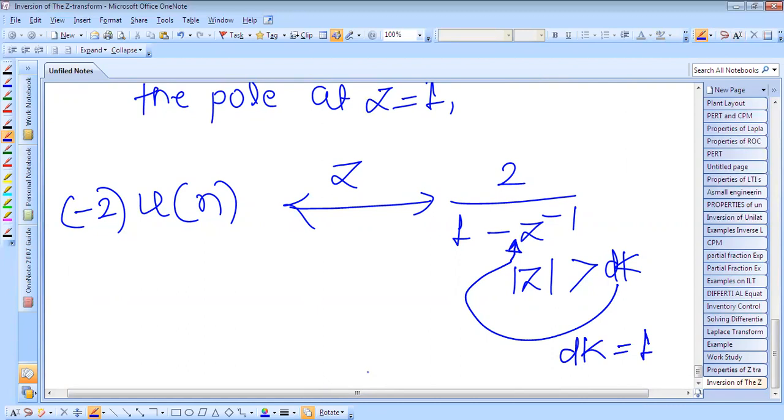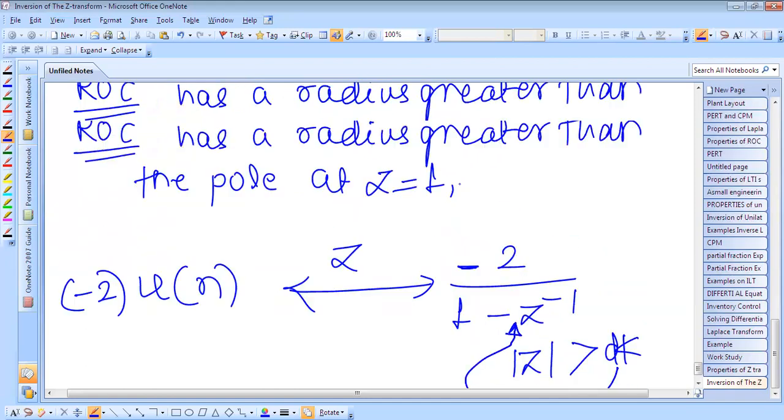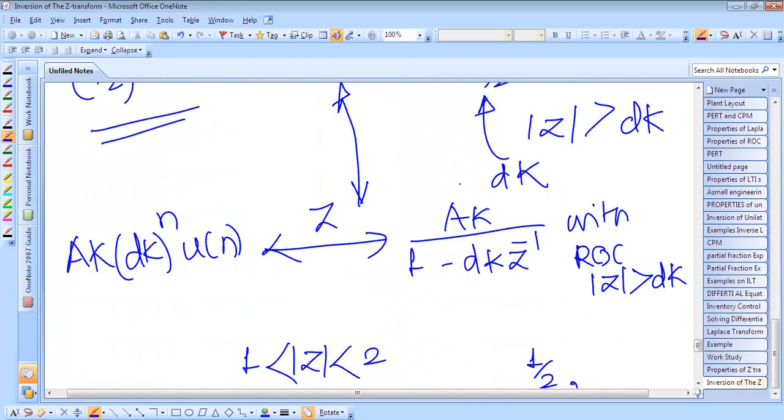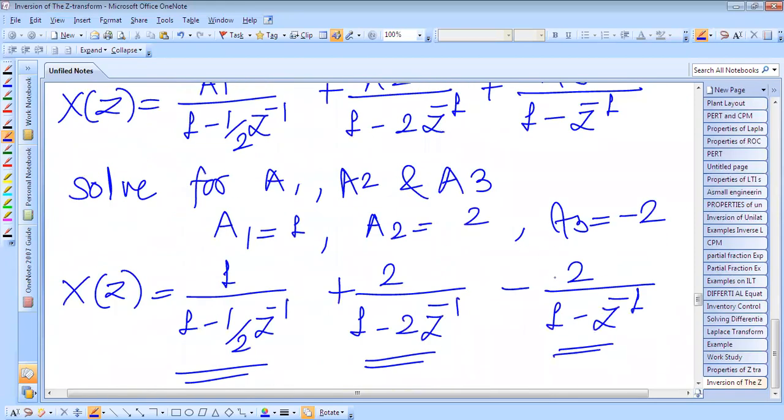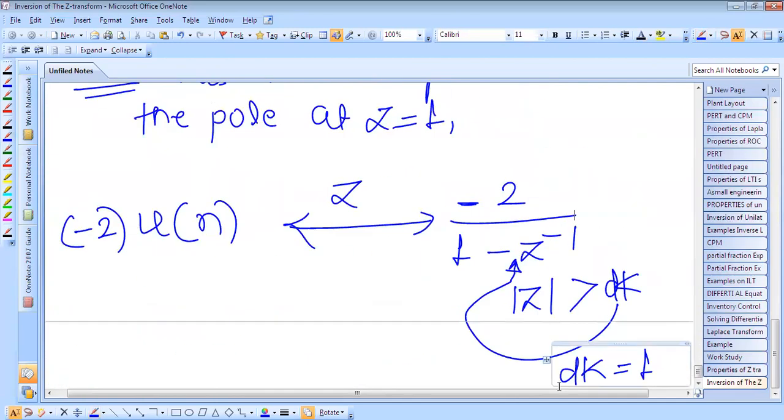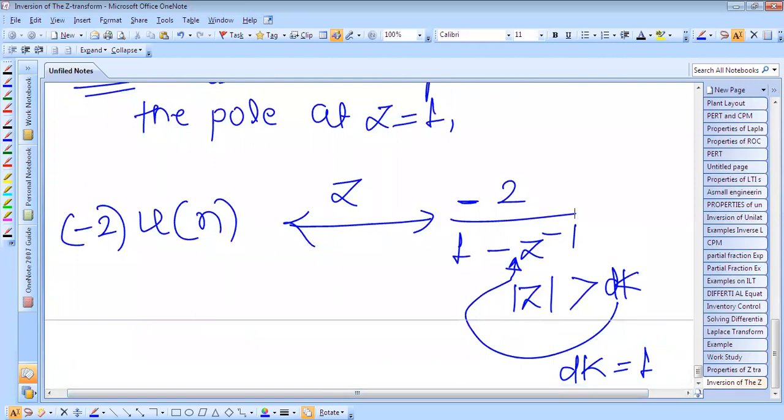So the magnitude of z is greater than 1. Whenever such a condition prevails, we can write here its value is minus; this sign is minus actually. The third term is minus 2 over 1 minus z raised to power minus 1. So this is the reason we have got such types of terms.